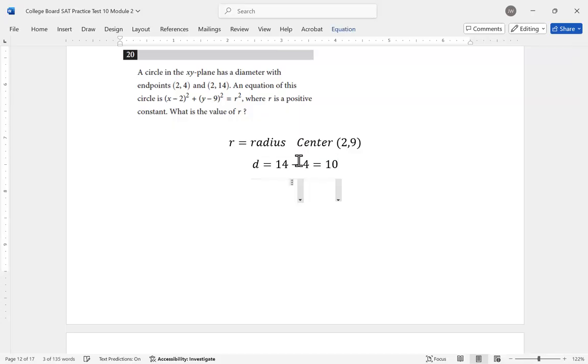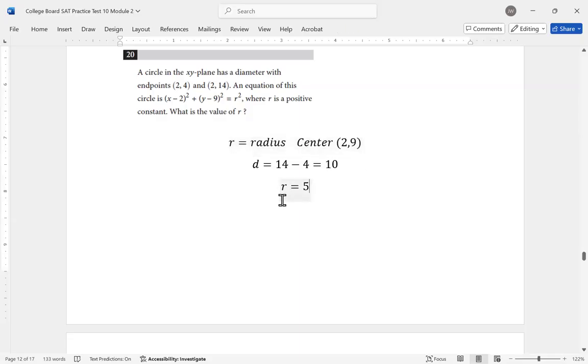Or you could find the radius directly by finding the distance between one of these points and the center. So the distance from (2, 4) to (2, 9), again, same x value. So the distance is just the difference in the y values, which is 5. Or (2, 14) to (2, 9), again, difference in y values is 5.